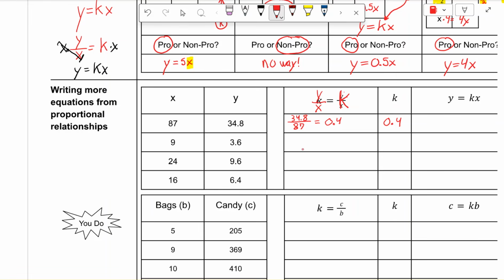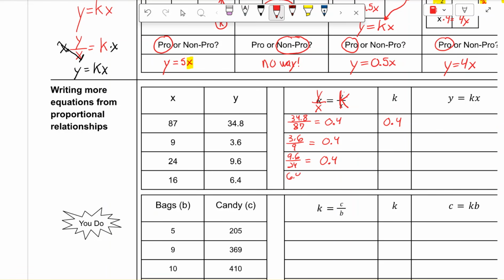All right, and so now we're going to go with this next one, 3 and 6/10 divided by 9 is 0 and 4/10 again. Keep on going, 9 and 6/10 divided by 24 is 0 and 4/10 again.